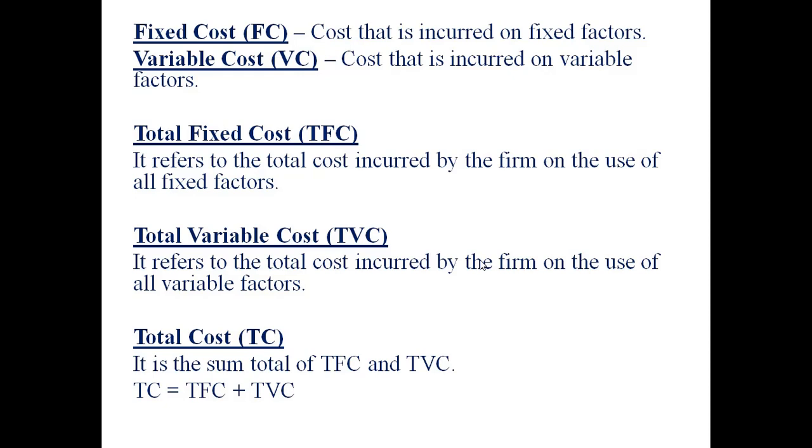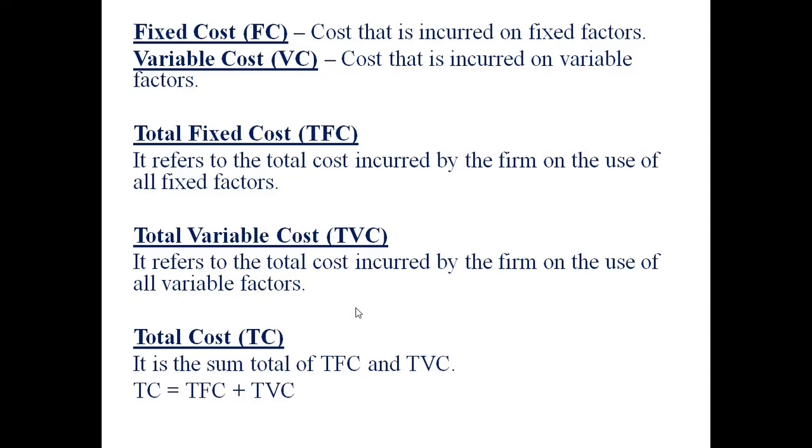And the variable costs are those costs which are incurred on the variable factors. Now what is the total fixed cost? Total fixed cost is the cost incurred by the firm on the use of all fixed factors. Now the cost that is involved on land, cost that is involved on capital, cost that is involved on entrepreneurship is termed as the total fixed cost.